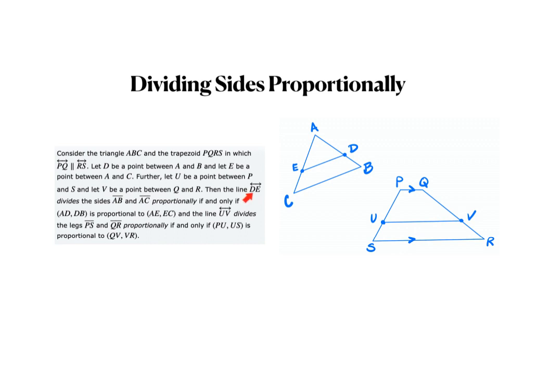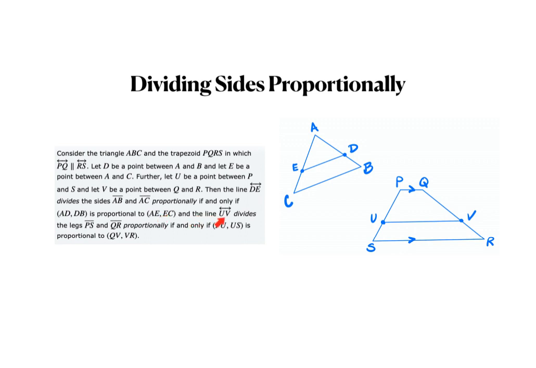Then the line DE divides the sides of AB and AC proportionally. This line divides these two sides proportionally if and only if the ordered pair AD, DB is proportional to the ordered pair AE, EC, meaning each of these corresponding parts are in the same ratio.